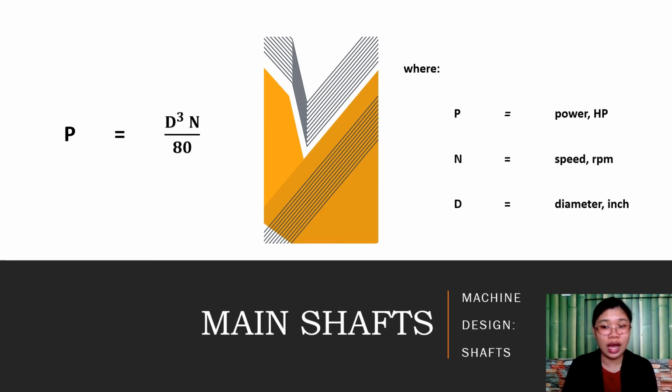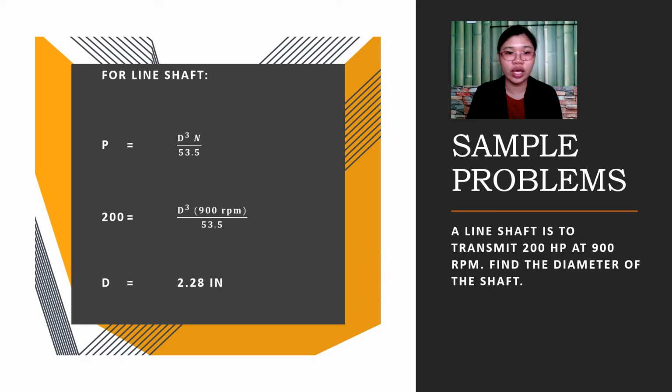So next we have line shafts, wherein the denominator is 53.5. Again, power must be in HP, diameter must be in inches, and the speed must be in RPM. So I have here a sample problem for line shaft.